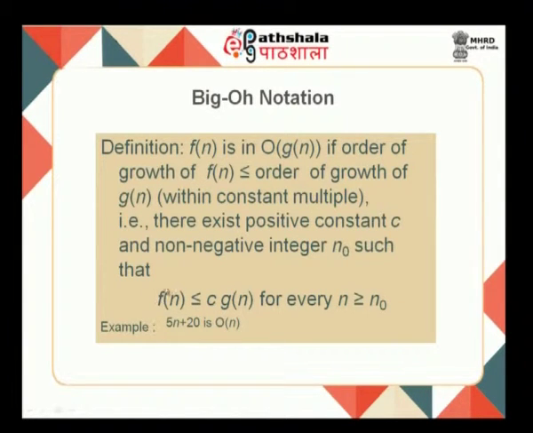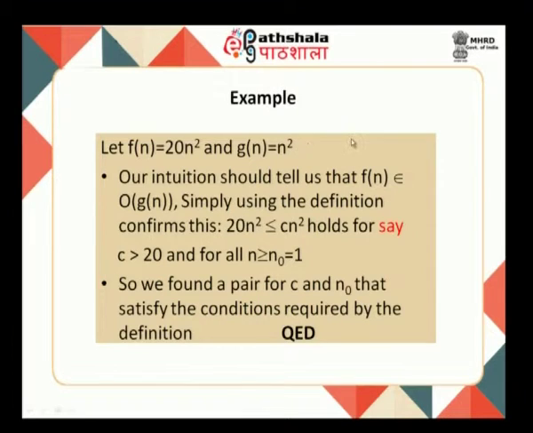In other words, f of n is lesser than or equal to c into g of n for every n greater than n naught, where n naught is a non-negative integer. If we are able to prove that, then we can say that it is going to be represented as big O notation.